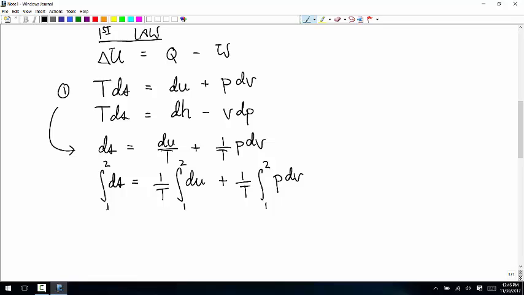This becomes, so integrate this, you just get the change in specific entropy. This one you get the change in internal energy over T, and that's all stuff you can look up. This is stuff you can look up. So it's looking good. Then you have 1 over T times, what's this integral? That's the work, yep.